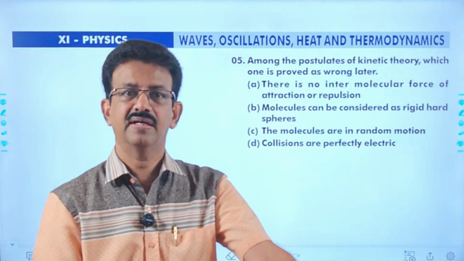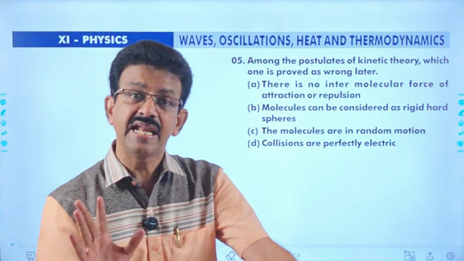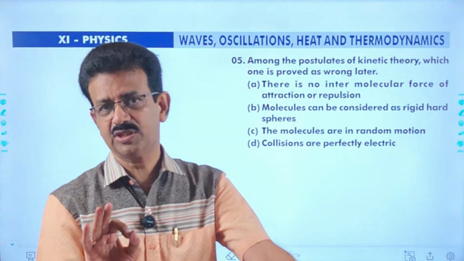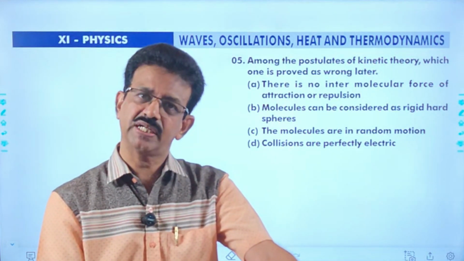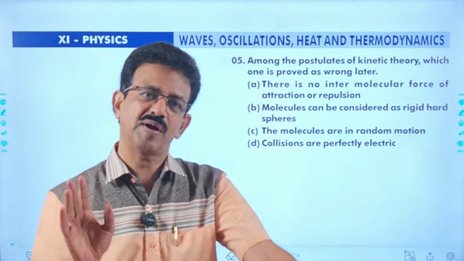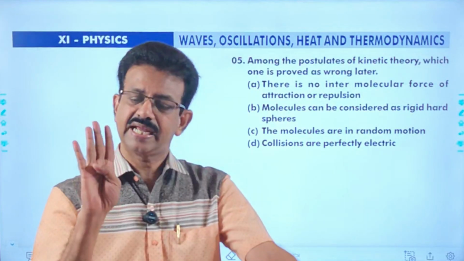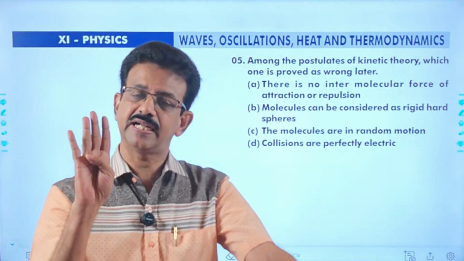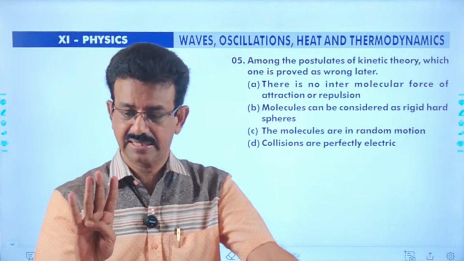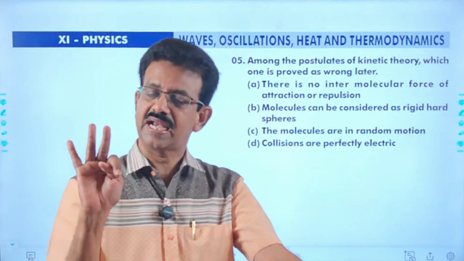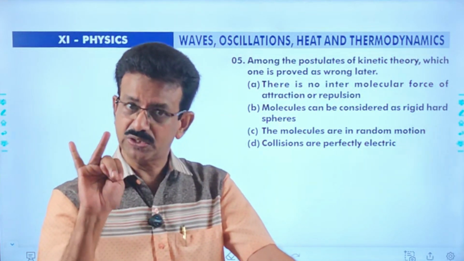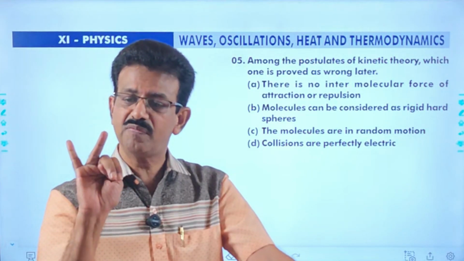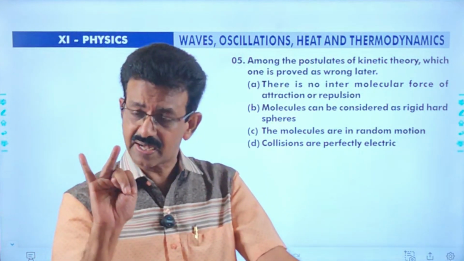Question number 5. This is about the kinetic theory of gases. Actually, 9 postulates are there. The 9 postulates, I will explain one by one. First one, gas molecules can be considered as rigid hard spheres. Molecules are in random motion. During their random motion, the molecules collide with each other and also with the walls of the container.